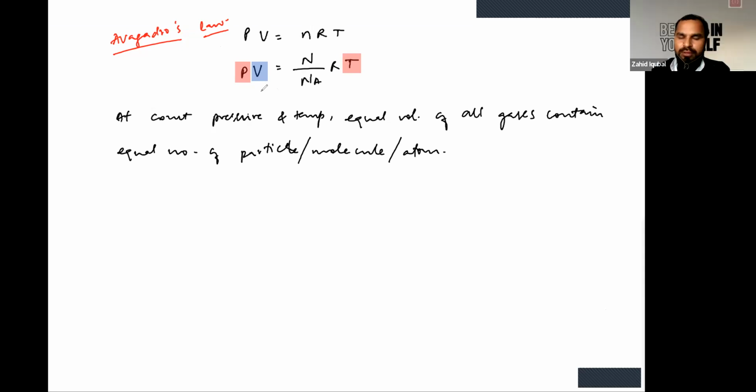So these are different laws related to this part. Next is properties of ideal gas. First, an ideal gas is a gas in which there is no interaction between particles.